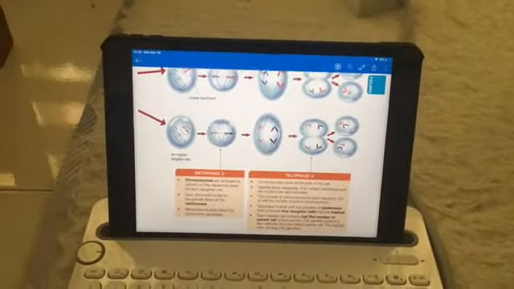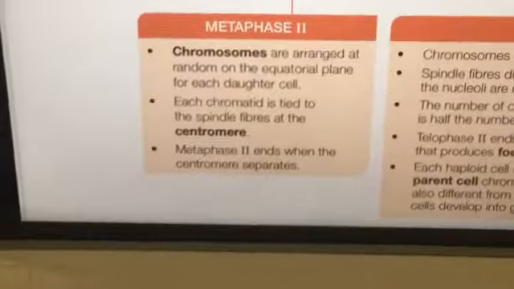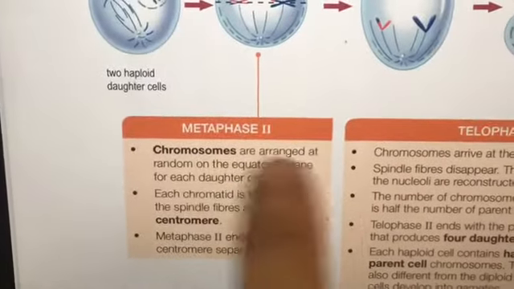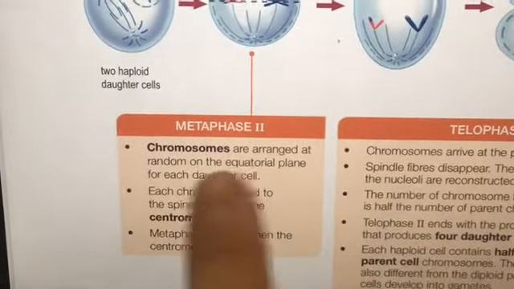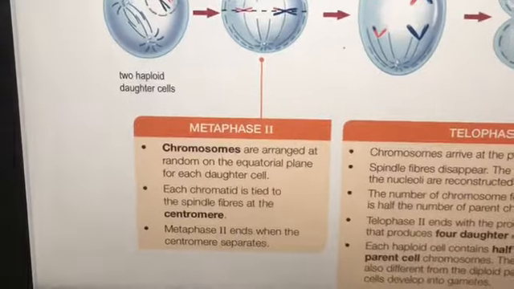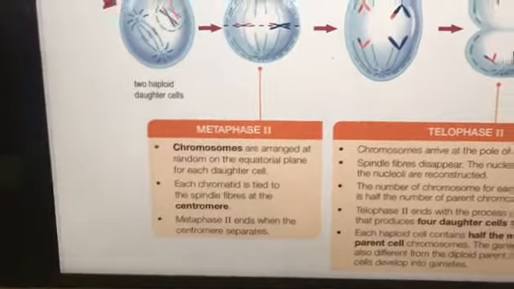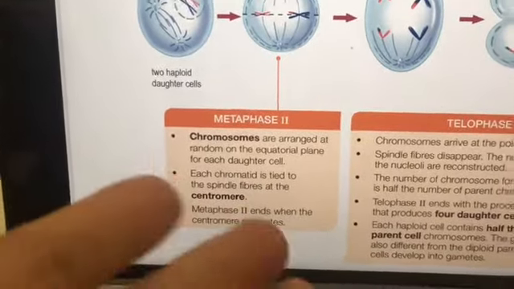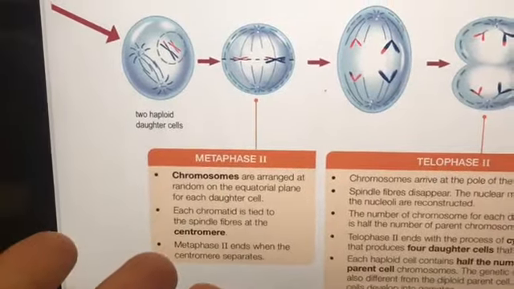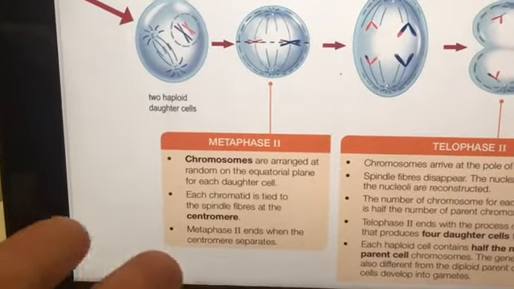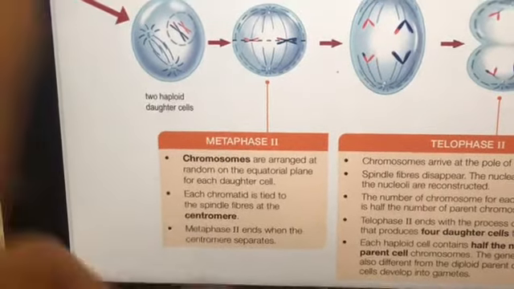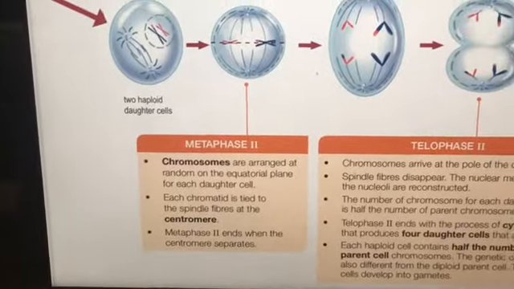Bonus video right here. Now remember when I said in metaphase 2 chromosomes are arranged at random on the equatorial plane for each daughter cell? What does this actually mean? I mentioned that this phase allows for variation in chromosomes. Variation is kepelbagaian. I'm going to show you what that means shortly.